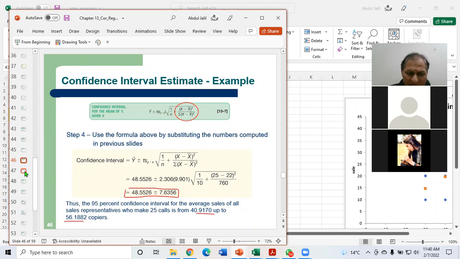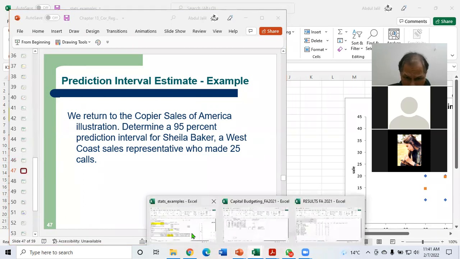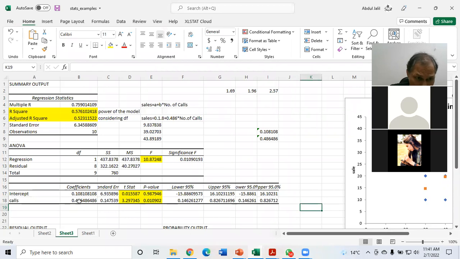Why are we going to calculate that? Because a point estimate may be wrong, it may not be correct, but an interval estimate has the probability of becoming correct, right? So it can give you a clearer picture. Let's suppose, if I may show you this data, the estimated value of this slope is 0.486, right? So 0.486 may be correct or it may not. Let's suppose the exact, 100% correct slope is 0.55.